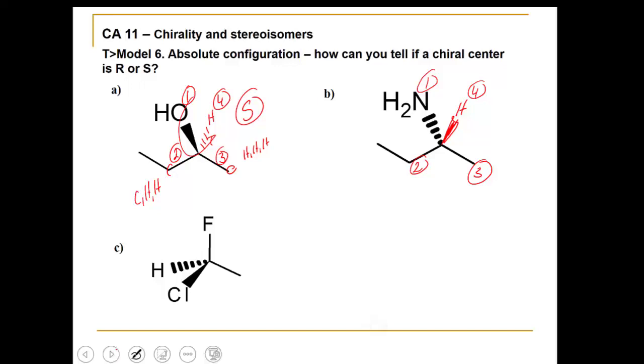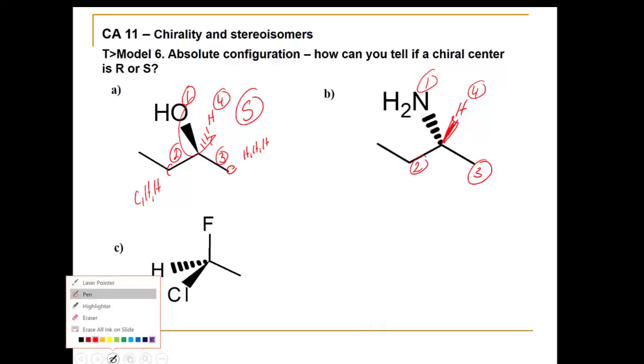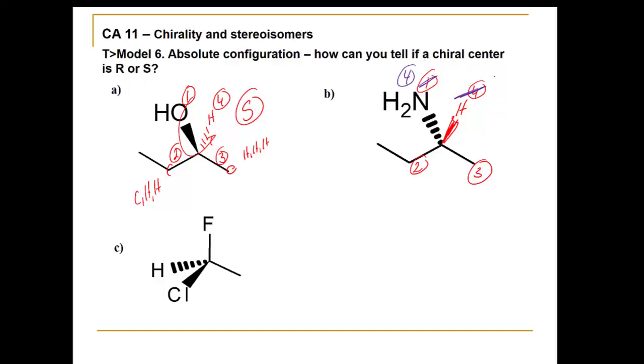So I alluded to this a couple of minutes ago, and that is, recall that if you exchange the position of any two atoms or groups about a chiral center, you'll end up with the enantiomer. So one of the things that we can do is exchange 1 and 4. Now I'm not actually going to move the atoms, but I'm going to exchange the priorities. And the reason why I chose those is I want to put priority 4 at the back. So that's what I'm doing. And I'm putting priority 1 at the front.